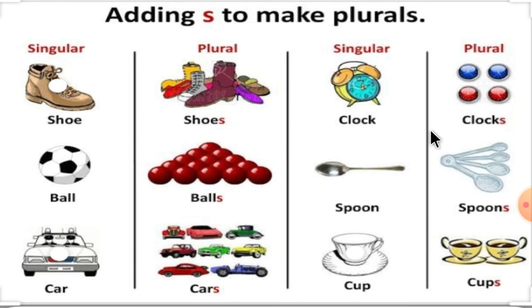Spoon, spoons. Cup, cups. Here you can see I have written all the s in a different color, right? So you can make plural like this by adding s.